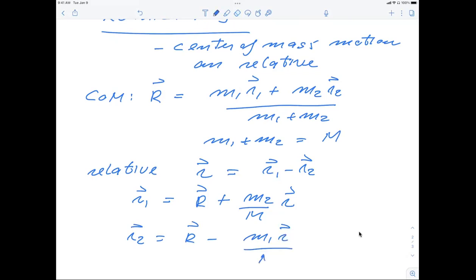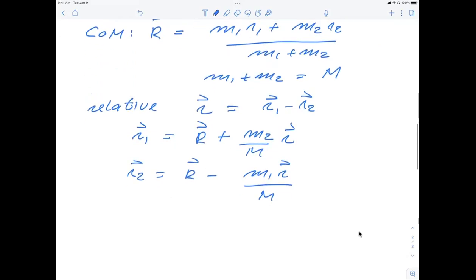One important thing now is that the potential, when we write it, is going to depend on the relative distance only. Most of the potentials which we encounter in physics depend only on the relative distance between two objects. So it means that this is given by V of the absolute value of R, and R, in our case, is now given by R1 minus R2.